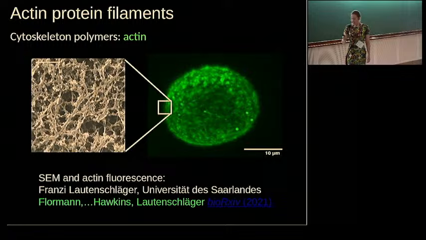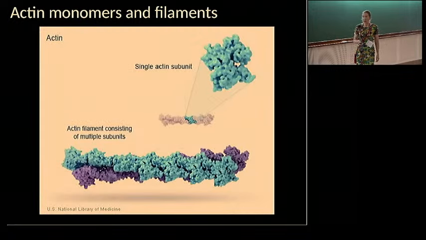This is an introductory slide about actin. What's labeled here in green is the actin cortex around the edge of a cell. And this is an electron microscopy picture showing in more detail the very dense and branched network that actin forms here at the edge of the cell, in the cortex. If we look in more detail at actin itself, it's a filamentous protein.